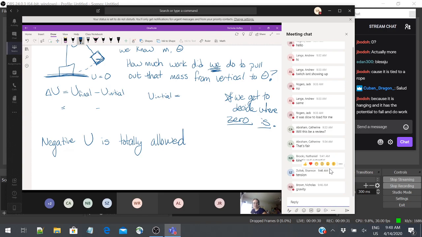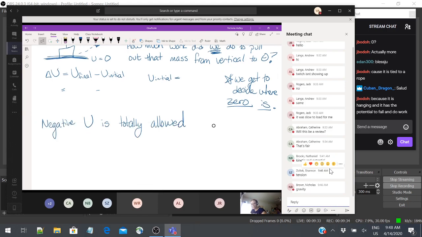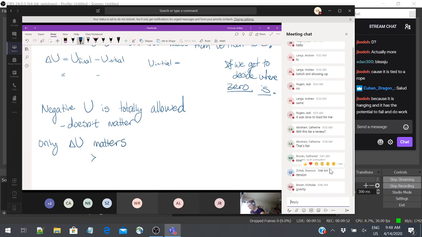It's a very technical term, totally allowed. So it doesn't matter. What matters is the change in potential energy. If it is positive, that means it is gaining potential energy. If it's negative, that means it's losing potential energy. So usually this means it's slowing down. Usually this means it's speeding up because the energy is coming to or from kinetic.